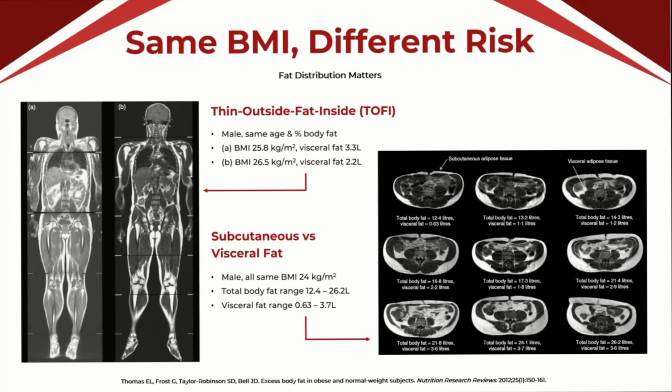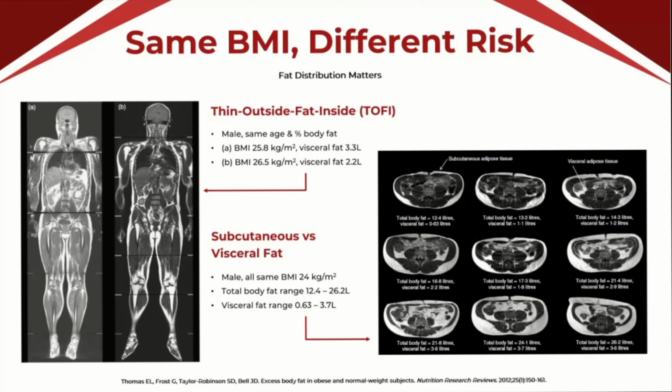Moving forward, we are now going from composition to body fat distribution. This slide shows us that even in individuals with similar BMI and body fat percentage, the visceral fat content may differ. I know a lot of the news among us clinicians is: don't focus on weight, don't focus on BMI, focus on body fat percentage.